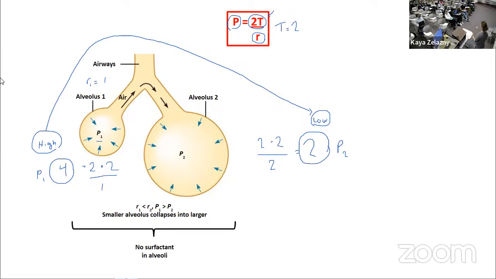So we're starting to collapse parts of our lungs, all the smaller alveoli. We don't want to do that. We want our small alveoli to be available to us for gas exchange. So we don't want all your air trying to find your biggest alveolus because it has the lowest pressure. That doesn't work for us.